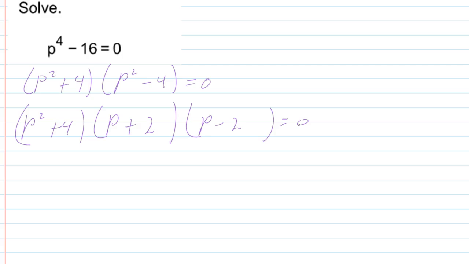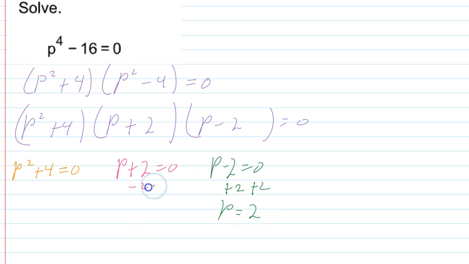If we were just factoring, I'd be done, but we're not. We're solving. That means I have to set each of these factors equal to 0. p squared plus 4 is equal to 0, p plus 2 equals 0, and p minus 2 equals 0. We're going to get the p's all by themselves. For the last one there, I'm going to add 2 to both sides, giving me p is equal to positive 2.